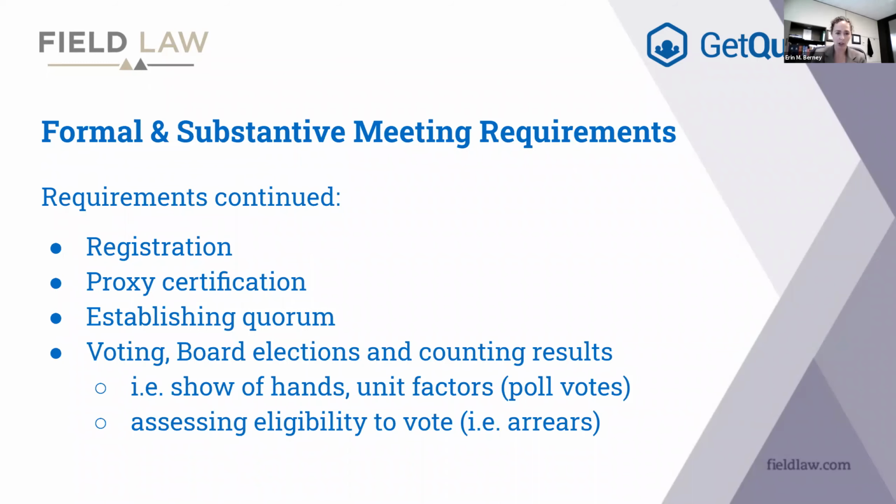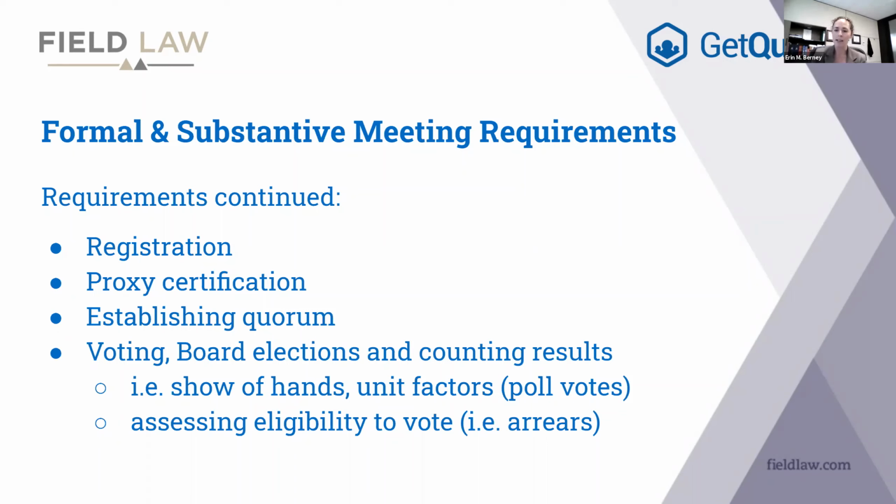Next, of course, is establishing quorum, making sure that you do have sufficient numbers in attendance at the meeting itself. And in the old days, with physical meetings, you would use the registration sheet and see who has signed up, and you would actually go down the list and count and make sure that you have either a sufficient number of persons entitled to attend who are present in person or by proxy, or that you have sufficient numbers of unit factors represented.